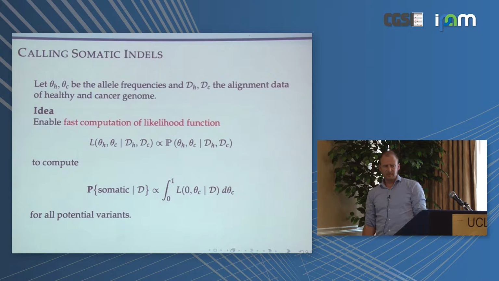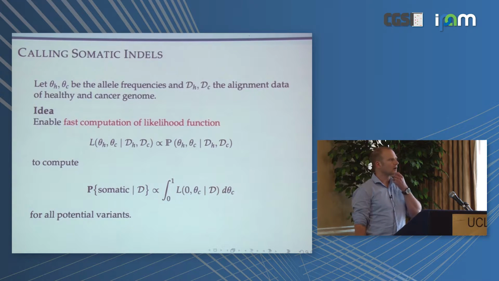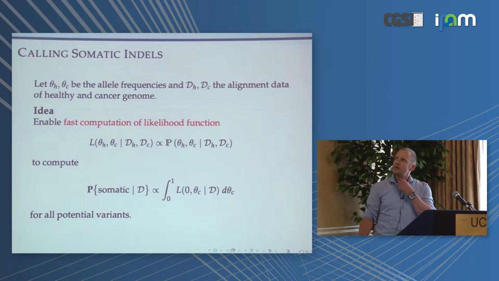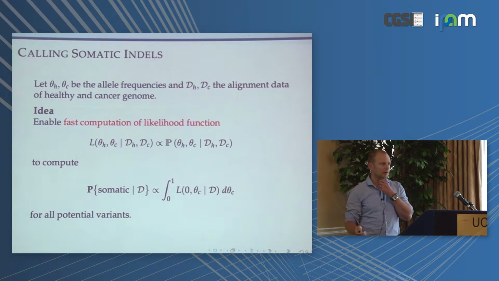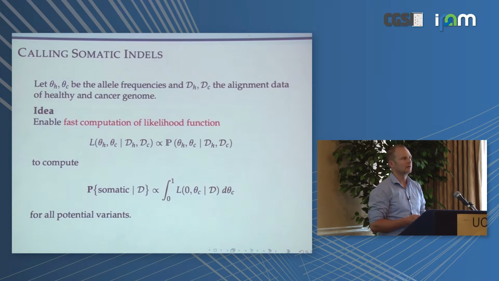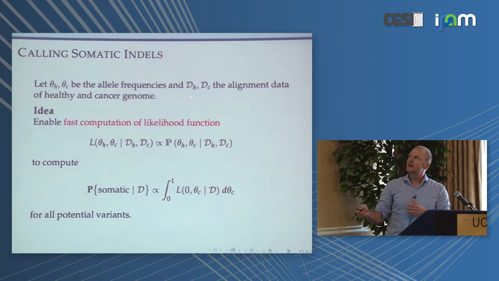So what's the idea behind this for finally calling a variant as somatic? I call theta sub h the allele frequency for the healthy sample, which is either 0, half, or 1. And theta sub c is the allele frequency for the cancer sample, which can be anything between 0 and 1. And this is the data I get for the control genome, H like healthy, and this is the paired data, the alignments, which I get for the cancer genome.